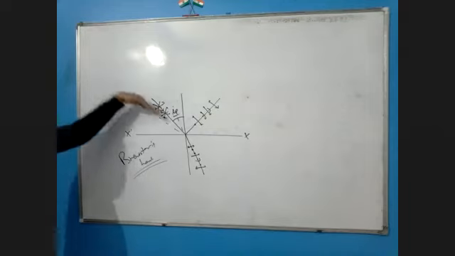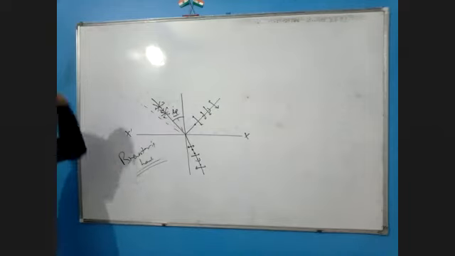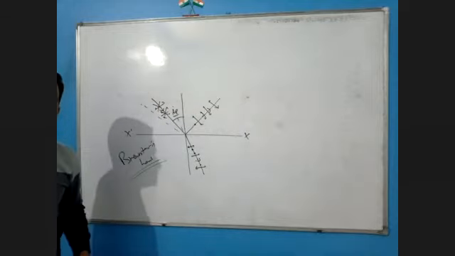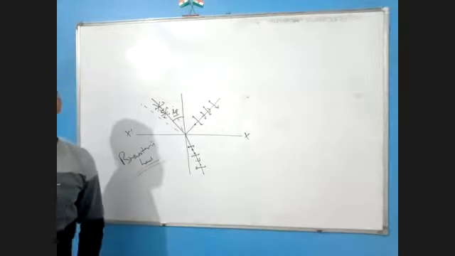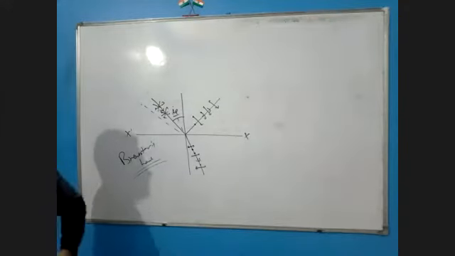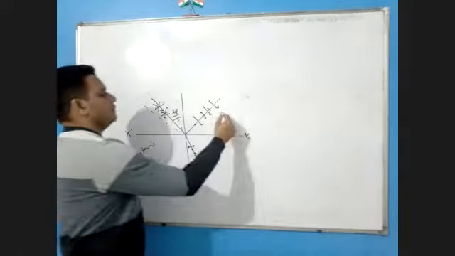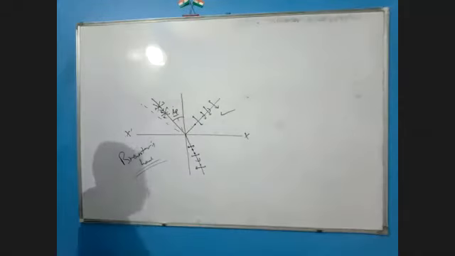At a certain angle of incidence, the reflected light is completely polarized. That angle is known as the polarizing angle or the Brewster angle. So this is the polarization by reflection.